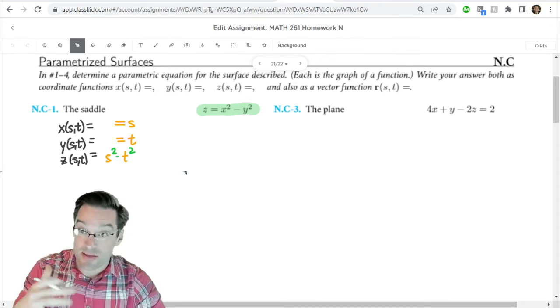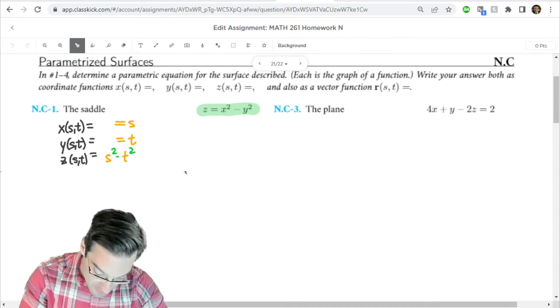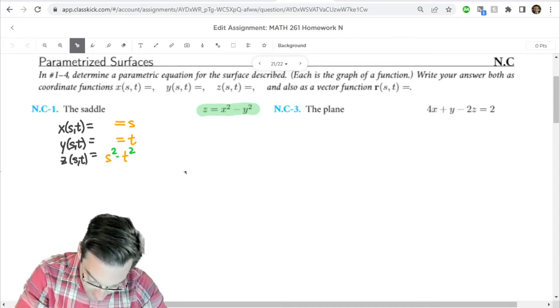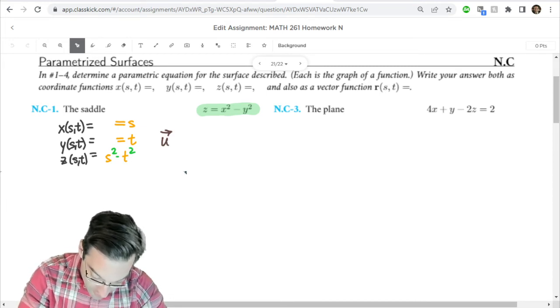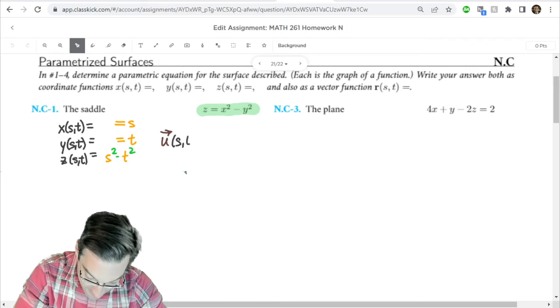So I can write these as three separate coordinate equations, or I can package them into a vector-valued function, the way that we did with parameterized curves. U of s and t is s comma t comma s squared minus t squared.